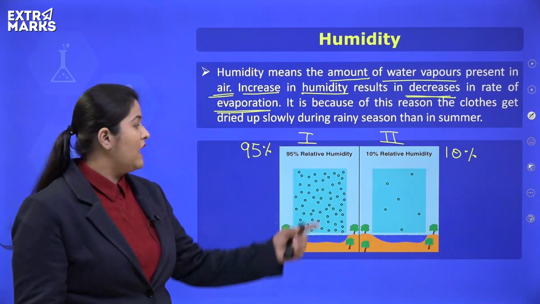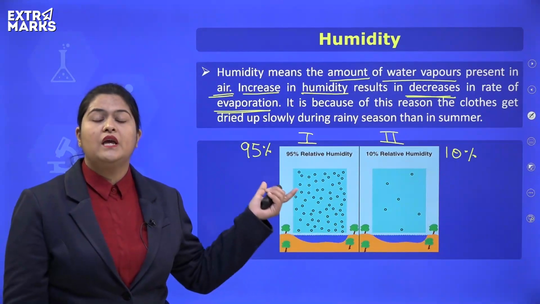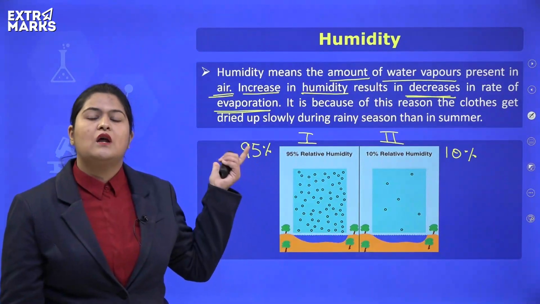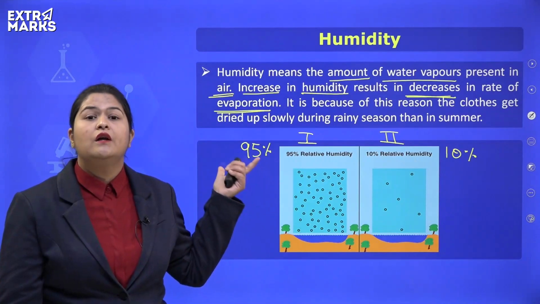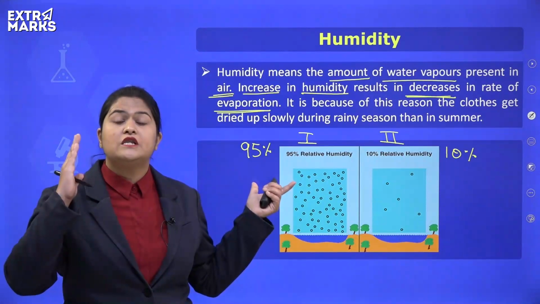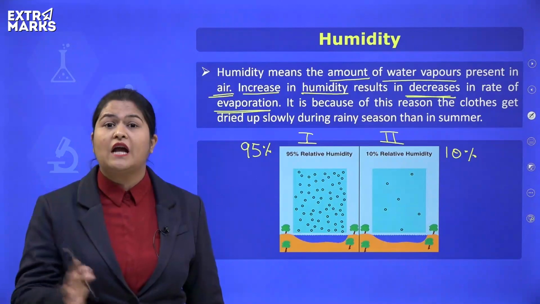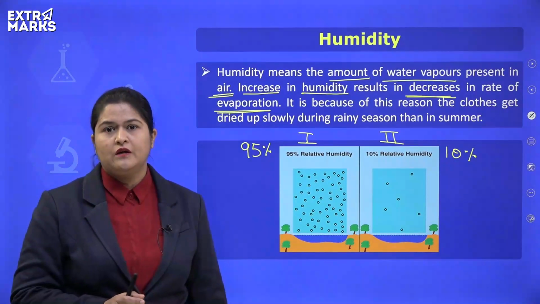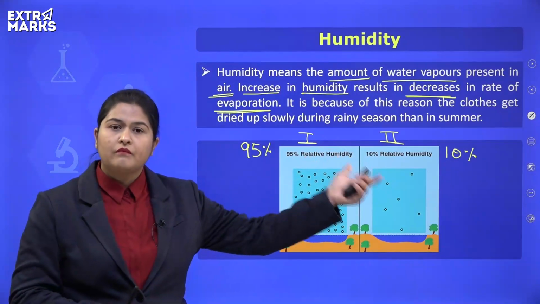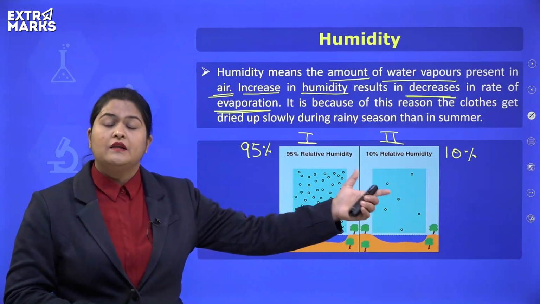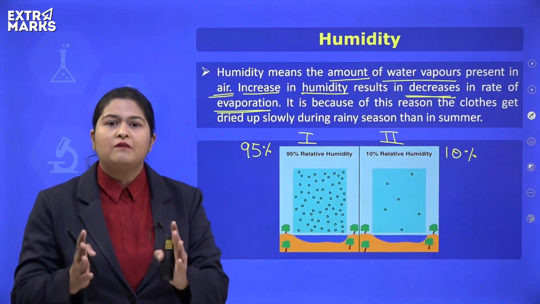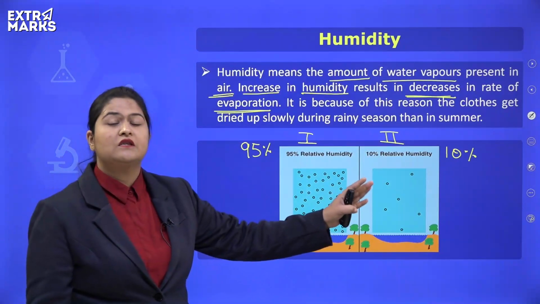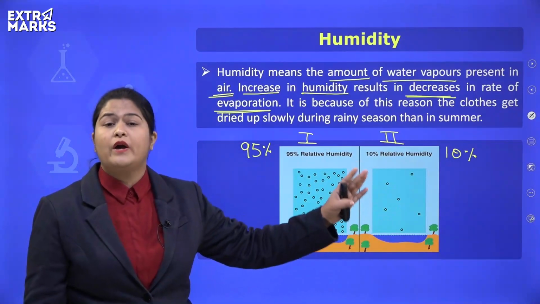This means that the amount of water vapor in the air is already high. When I say the humidity is around 95%, that means 95% of the space available is already saturated with water vapors, only 5% space is empty. But when I say the humidity is 10%, that means only 10% water vapors are accommodated till now and a lot of space is still available for more water vapors to be accommodated.